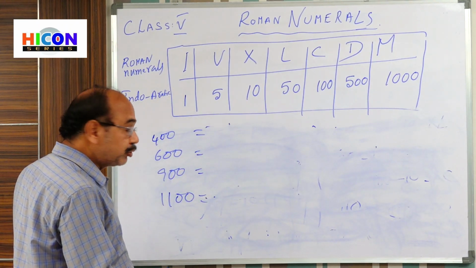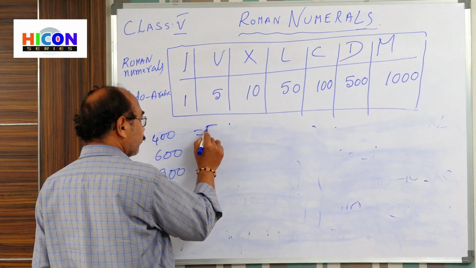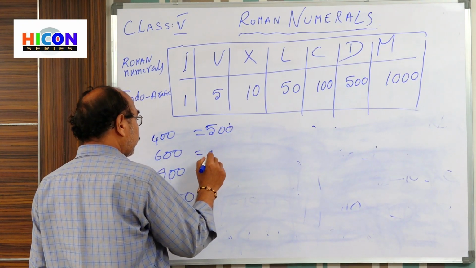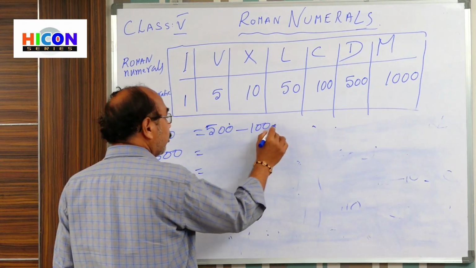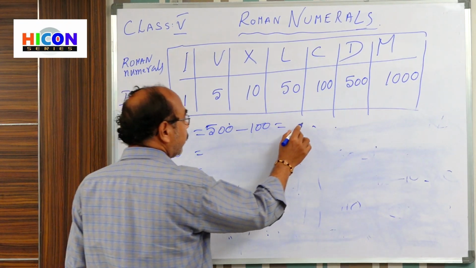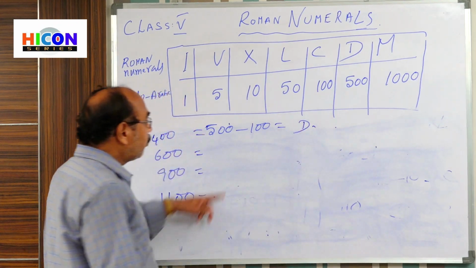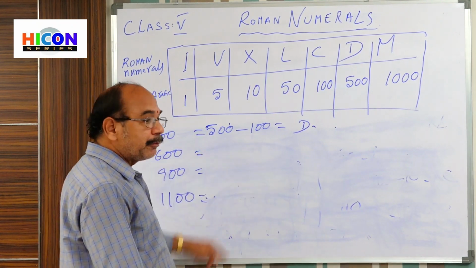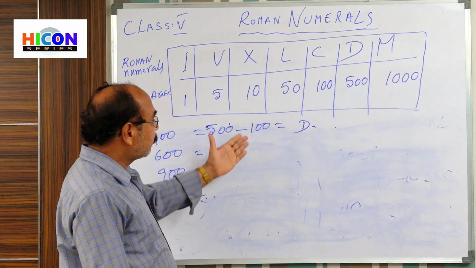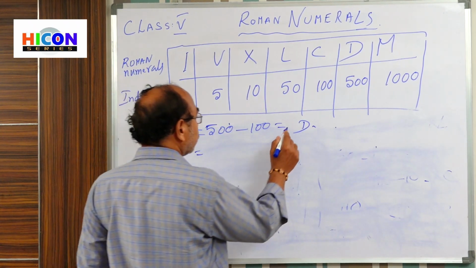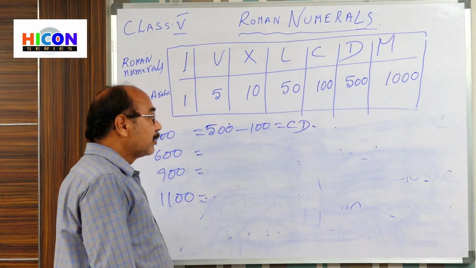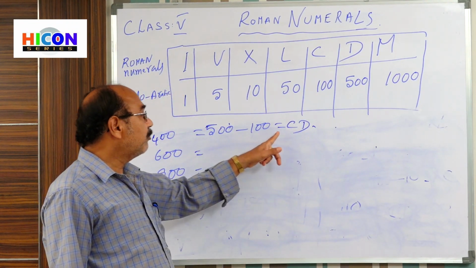So 400, how should we write? 500 minus 100. What is the Roman numeral of 500? D. Here subtraction. Subtraction means we write on the left side. That means CD we write. This is 400.